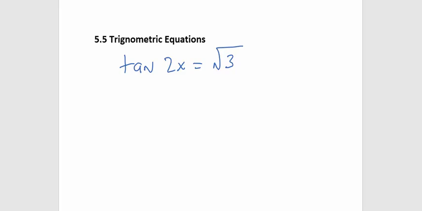Alright, so we're solving this guy. So really what we're going to do is we're going to kind of think about this equation as if this was just the tangent of x equal to the square root of 3, when would that happen? Well, the two locations that the tangent of x is equal to the square root of 3, this would be at x equals pi over 3, and also at x equals 2 pi over 3.